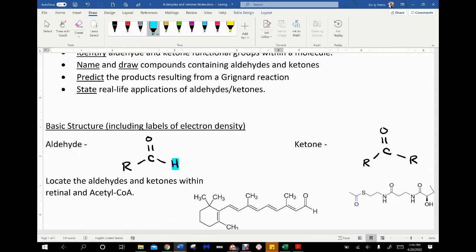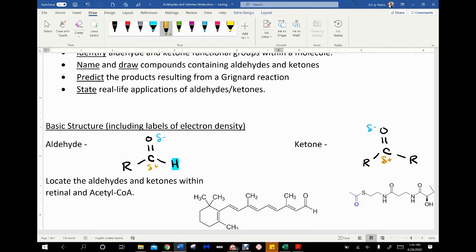Now, let's go ahead and take a look at some electron density. So we know that the difference is going to be occurring here with this oxygen and carbon. Oxygen is more electronegative, so it'll have a partial negative charge. This carbon, on the other hand, is less electronegative, so it'll have a partial positive charge. And this is a typical characteristic of a carbonyl compound, where you have the carbon with a partial positive charge and the oxygen with a partial negative charge.